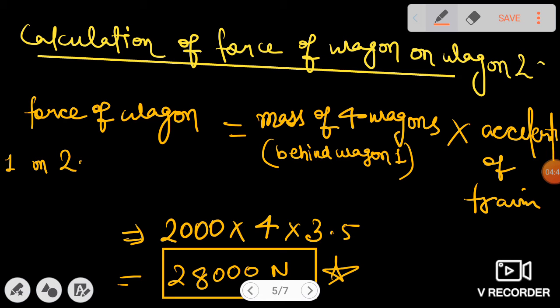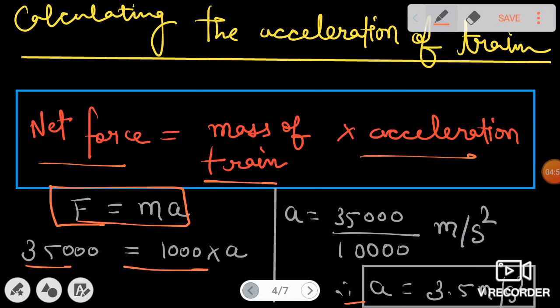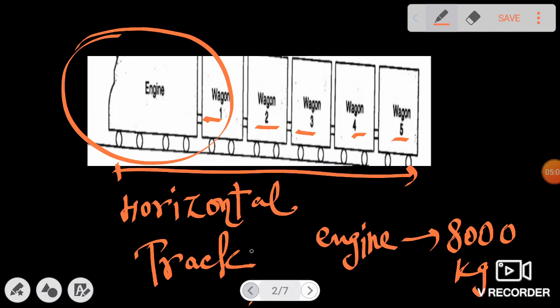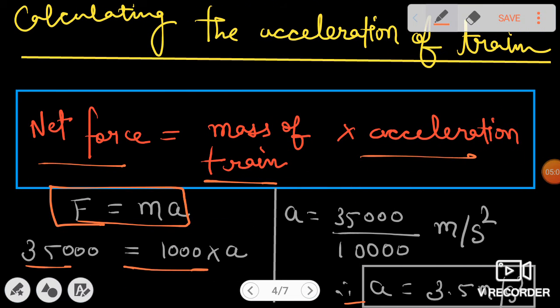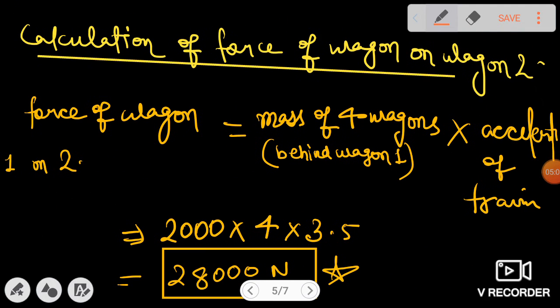After this, the calculation of the force of wagon 1 on wagon 2. There are 5 wagons behind the engine, which have been marked 1, 2, 3, 4, 5 in the figure. Here there are only 4 wagons behind wagon 1.